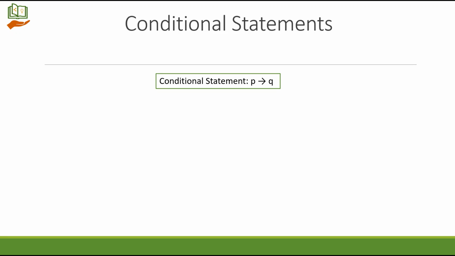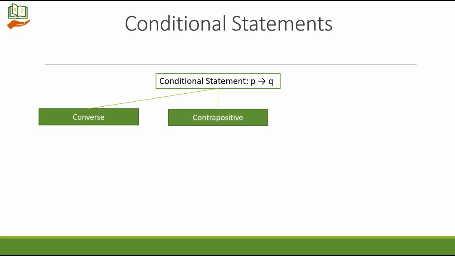We know the conditional statement is P implies Q. From this, we will be able to take three other terms. One is converse, the other one is contrapositive, and the other one is inverse. All these three are represented using the implication operator. But how? When we say P implies Q, it means if P is true, Q is true. What is the converse?